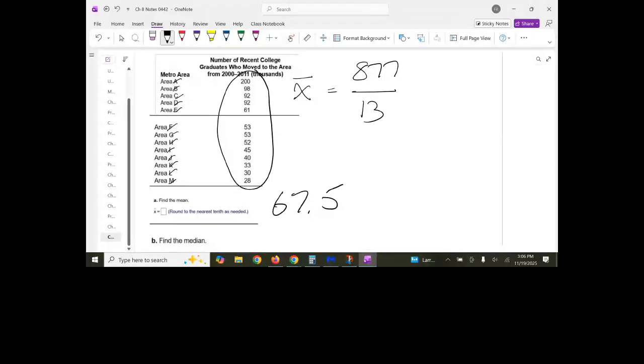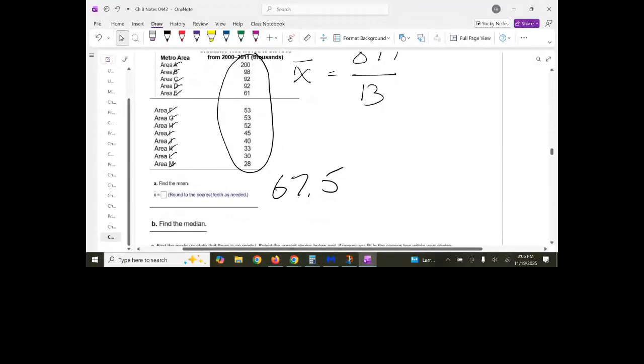Okay. Now, for part B, y'all, part B says, can we find the median? Now, remember, y'all, the median is the number in the middle. When we say it's the number in the middle, the numbers have to be arranged from smallest to biggest.